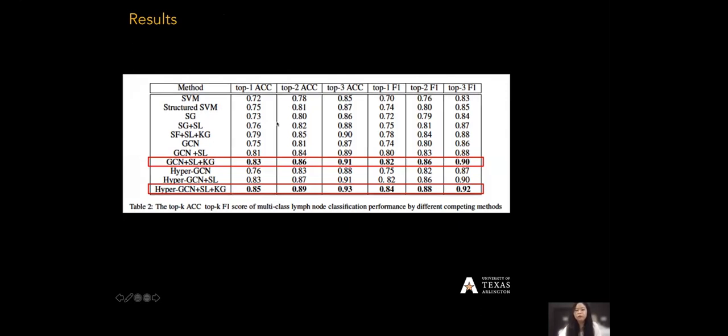Compared to several baselines, our model improves the performance significantly by leveraging the knowledge graph, which also shows the importance of using a predefined knowledge graph, especially for medical imaging classification tasks.